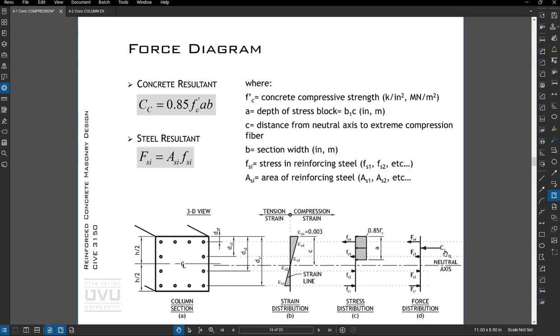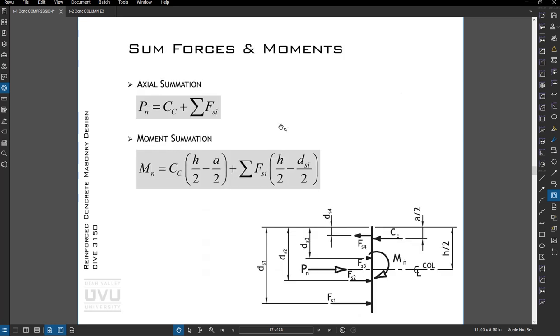We have a compressive force, which is just the a times 0.85 f'c times the width this way of the beam. That gives us Cc, and that's what is reflected right here. All right, then we sum forces and moments. So we have our compressive force in the concrete plus the forces in the rebar.